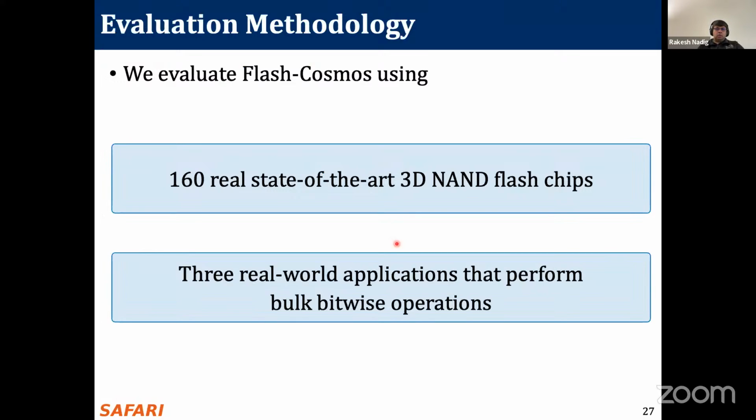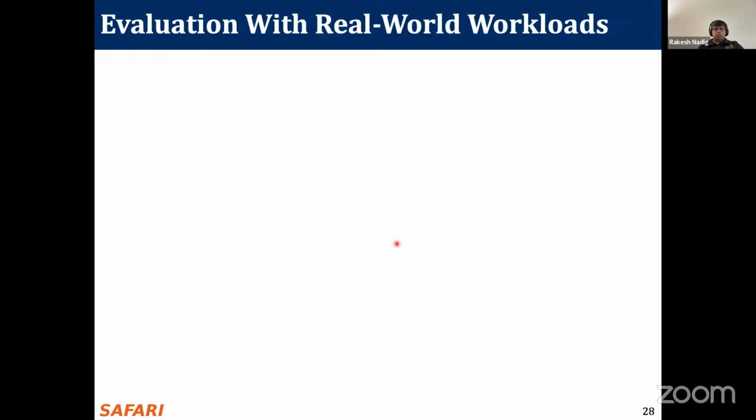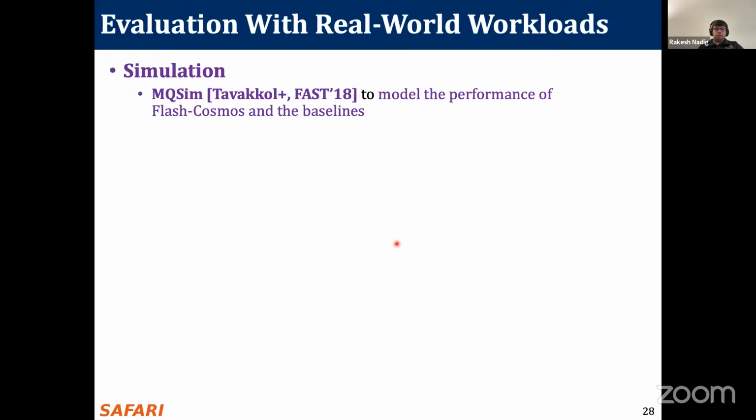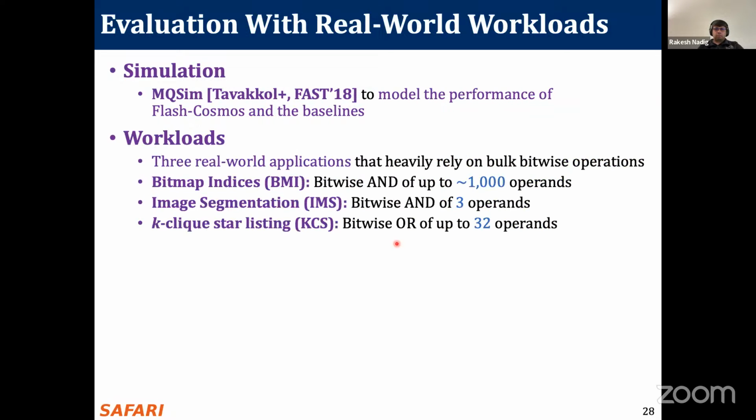Now we move to a system-level evaluation where we use three real-world applications to perform bulk bitwise operations. Our evaluation was done on MQSim, a state-of-the-art simulator which models the performance of Flash Cosmos and the baselines.